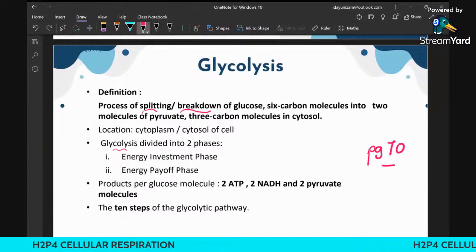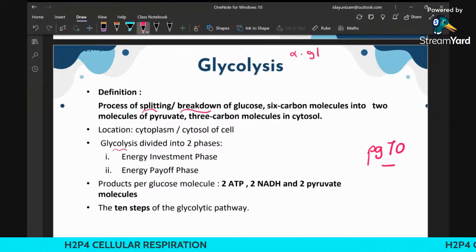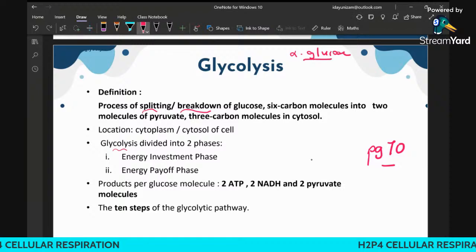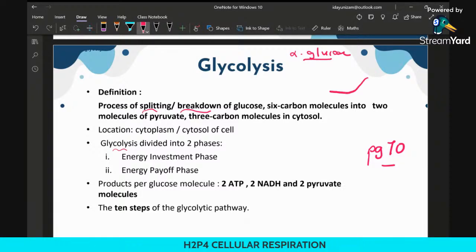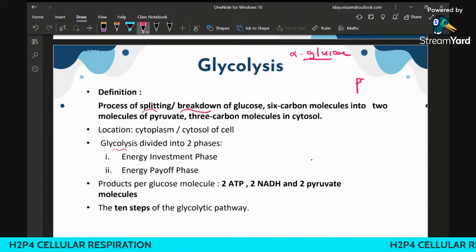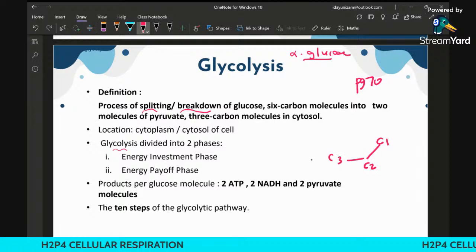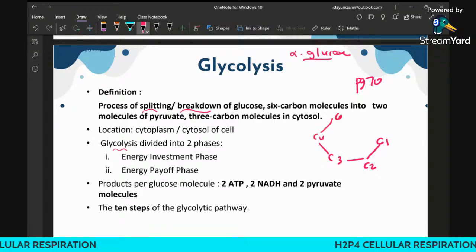If you still remember, if the teacher asks you to refresh your lesson about alpha glucose that you learned during chapter 1, you will start with carbon 1, carbon 2, carbon 3, carbon 4, carbon 5, and then oxygen.